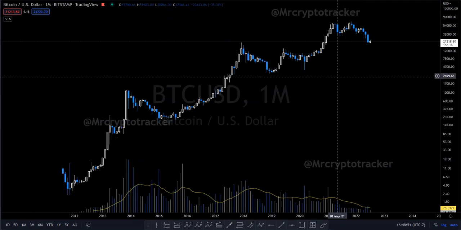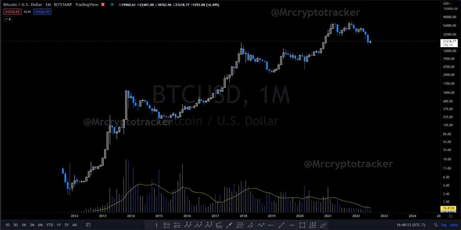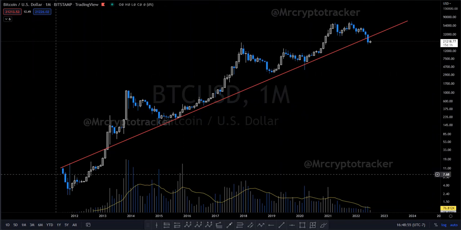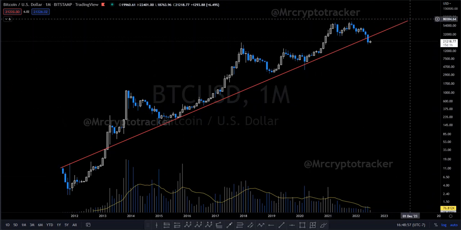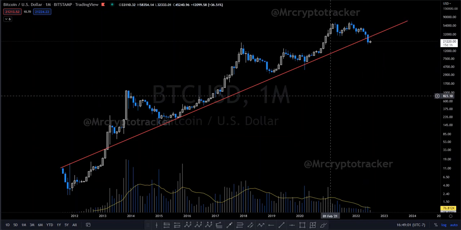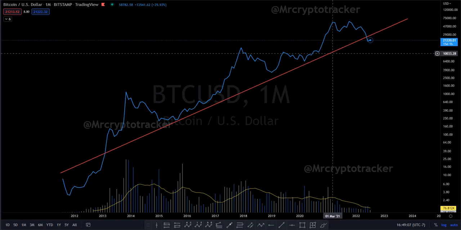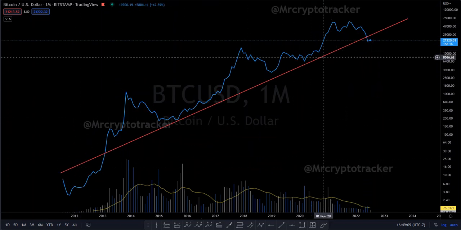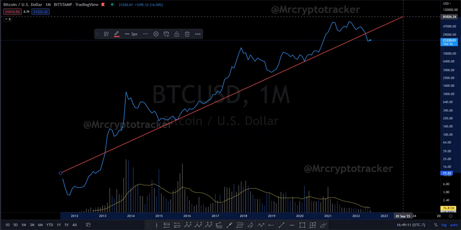I will start with the monthly time frame. In the monthly time frame, we have a very long-term trend line that has broken here, and if you change the chart to the line chart, you can better see the reactions here.